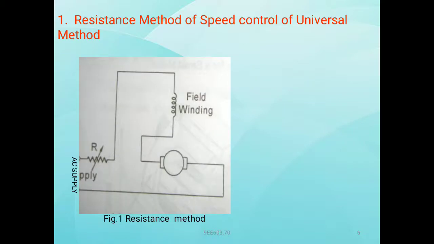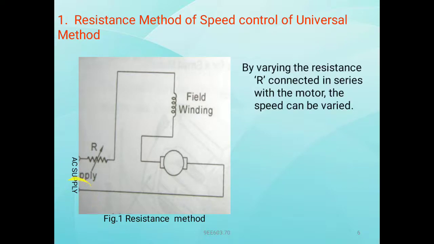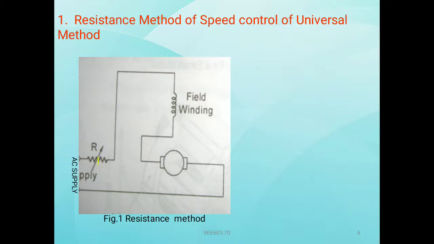See here, in the resistance method of speed control of universal motor, this is the AC supply and this one is a resistance. This resistance is a variable resistance, and it is in series with the field winding, and then in series with the armature.